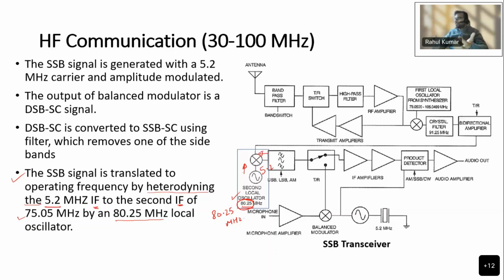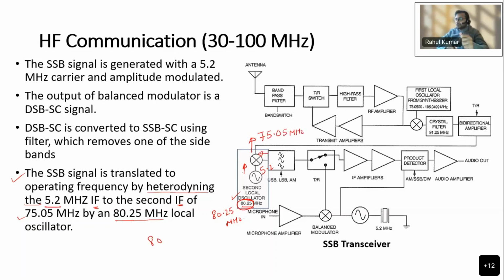A mixer is generally a non-linear device, something like a transistor or diode. You combine the two frequencies, and as a result, the center or intermediate frequency of this signal will shift to 75.05 megahertz.